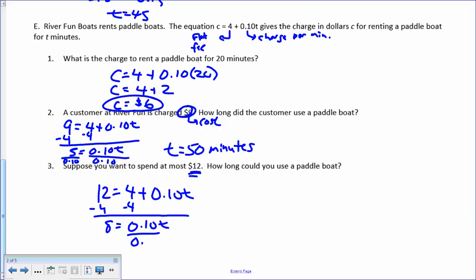When I divide by 0.10, T equals 80. That's 80 minutes. So if I spent $12, an hour and 20 minutes of boat time I get. That's a lot of rowing. But again, it should be more because we're spending $3 more. We get the boat for 30 more minutes. That's a pretty good deal.